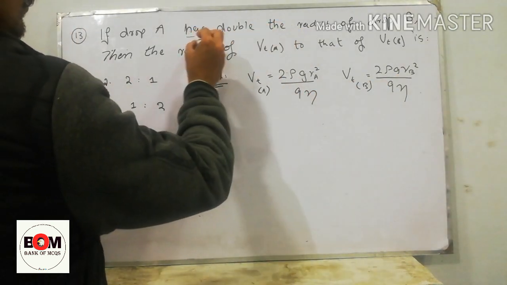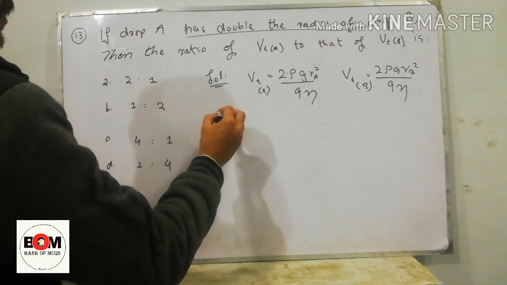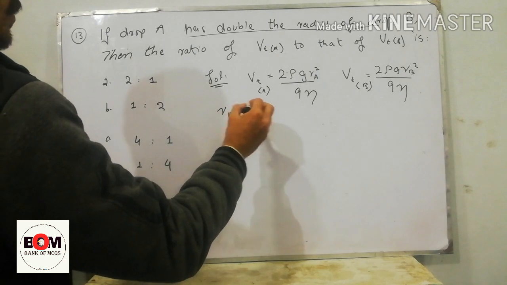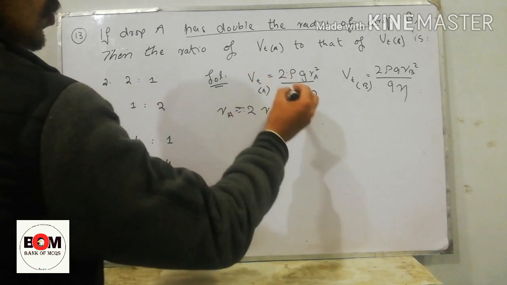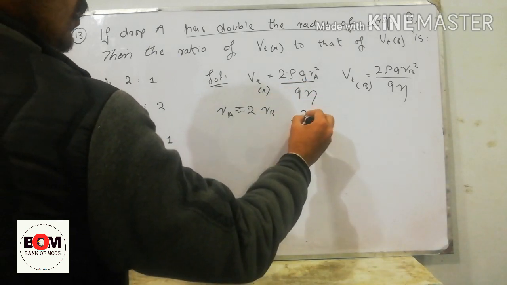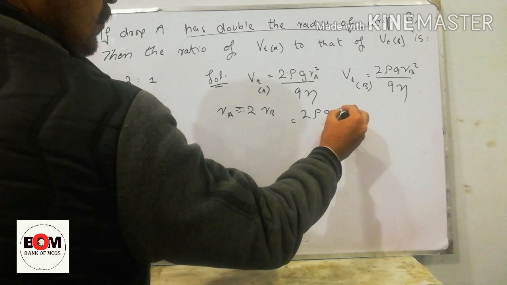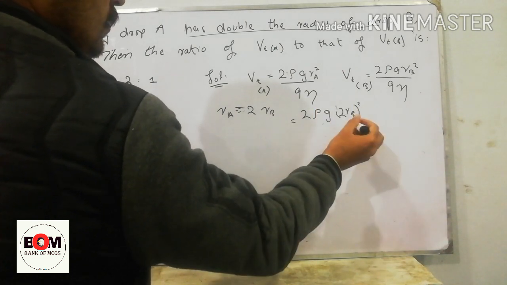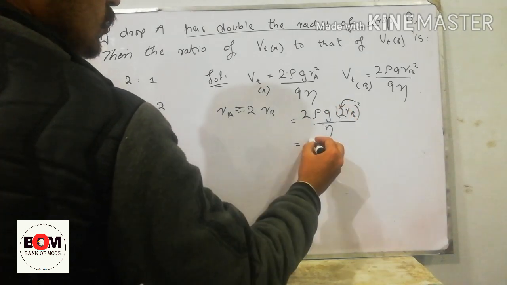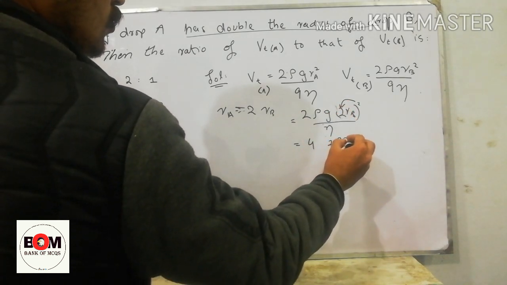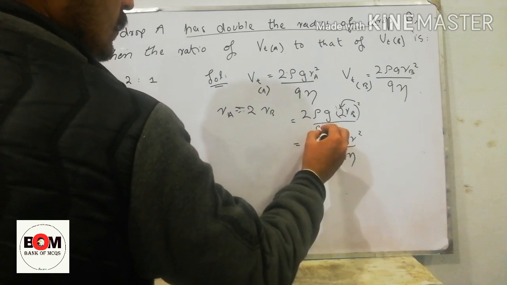From the question, it is given that the radius of A is double the radius of B. So we can write this equation as 2ρg(2 times r_B)² divided by 9η, or 2 to the power 2 is equal to 4, times 2ρgr² divided by 9η.